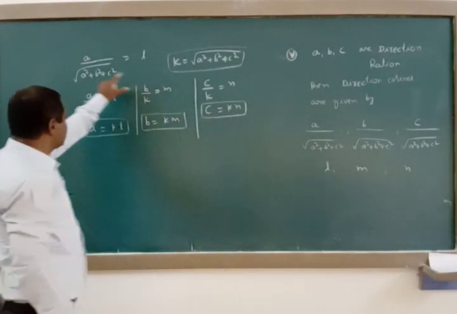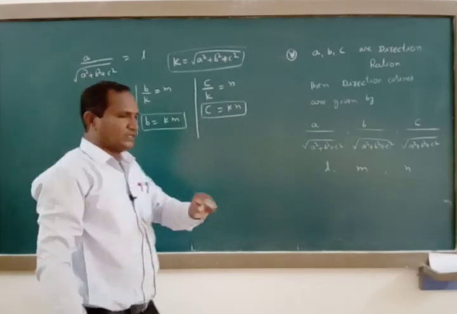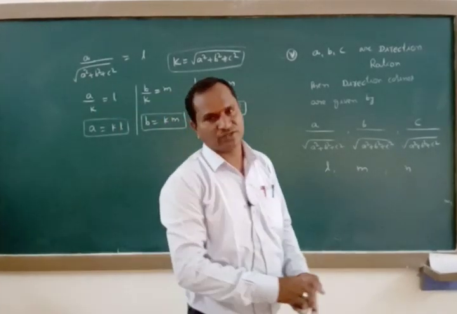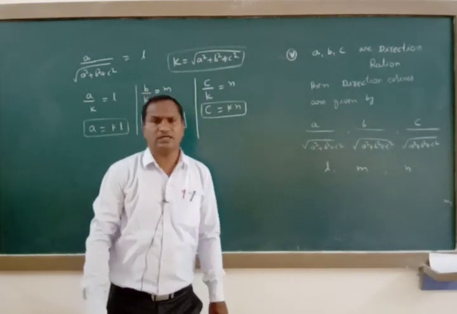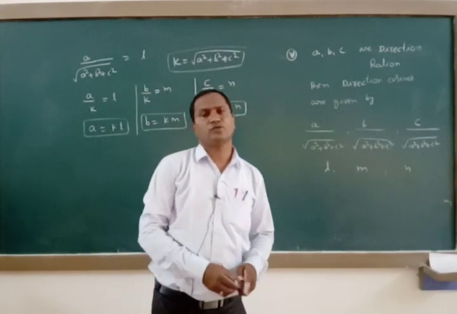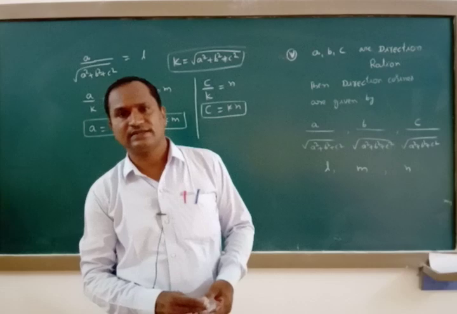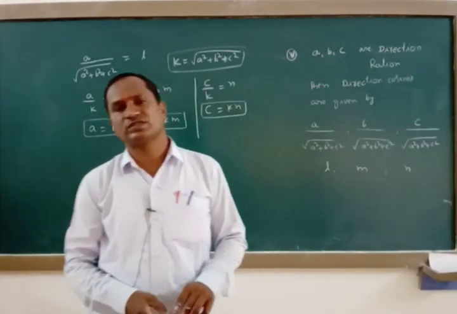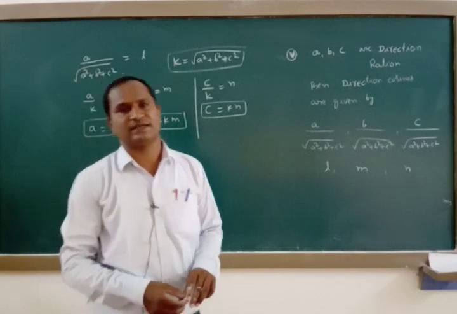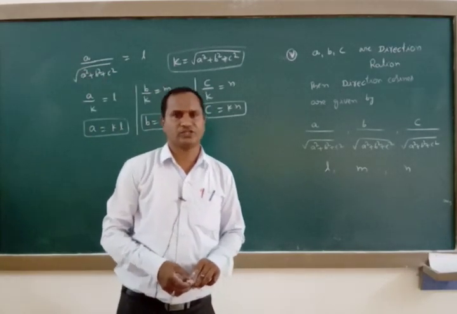Based on all these 3 rules, we give the definition for direction ratios: the real numbers a, b, c which are proportional to the direction cosines l, m and n are called direction ratios.